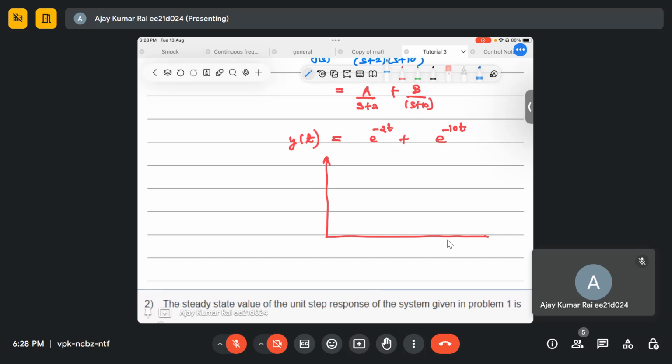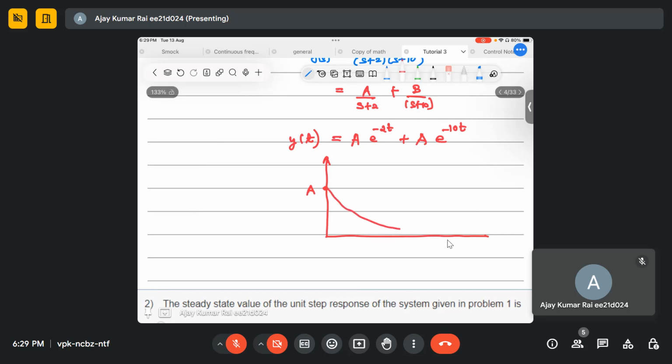I'm just drawing the response of e to the minus 2t and e to the minus 10t. Both the coefficients are equal to 1, so let's solve it. What will happen?